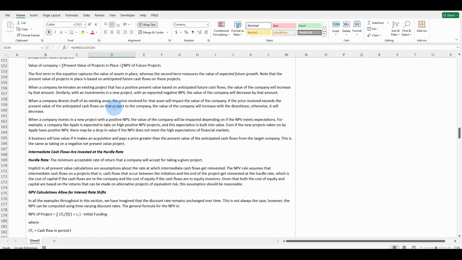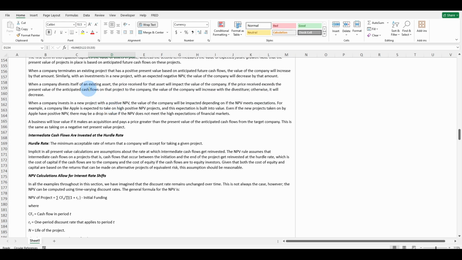When a company divests itself of an existing asset, the price received for that asset will impact the value of the company. If the price received exceeds the present value of the anticipated cash flow on the project to the company, the value of the company will increase with the divestiture, otherwise it will decrease.